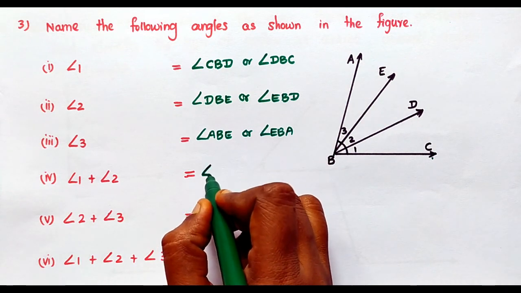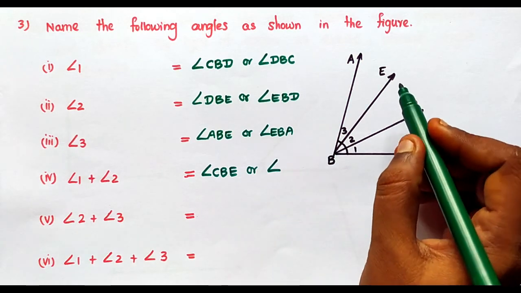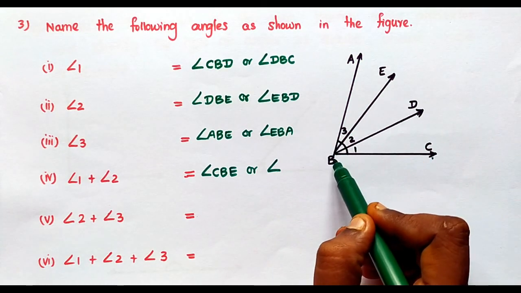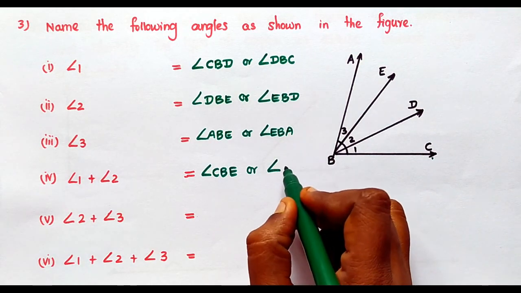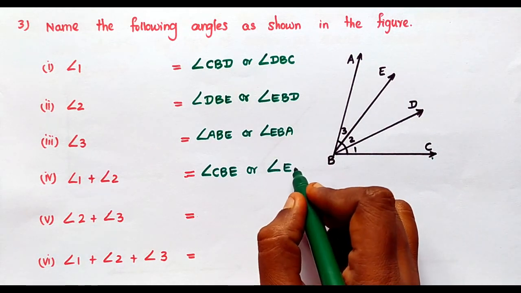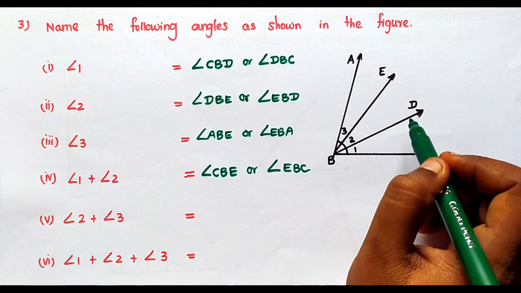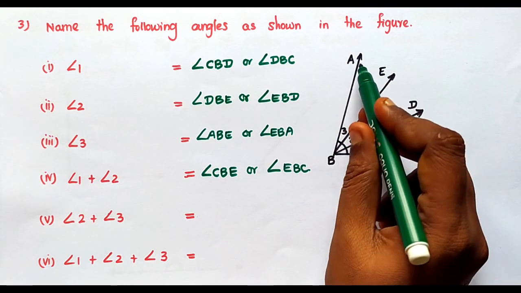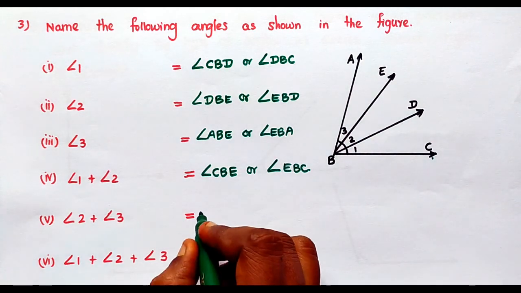So angle CBE or EBC. Next one, angle 2 plus 3. So DBA or ABD.